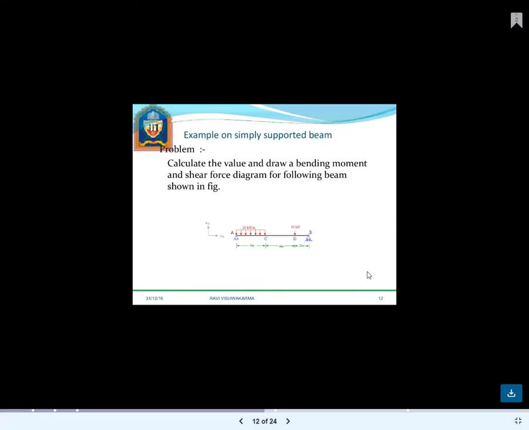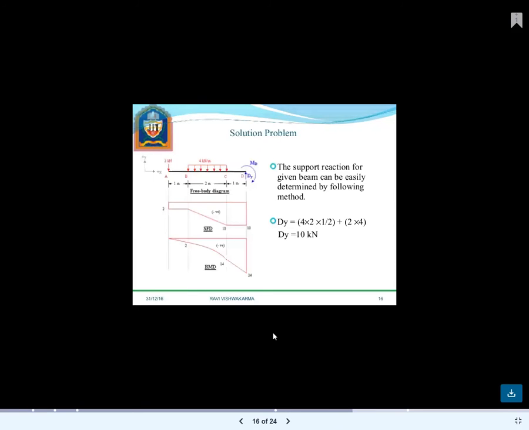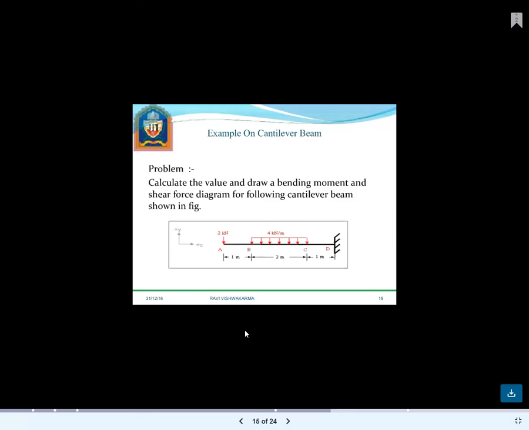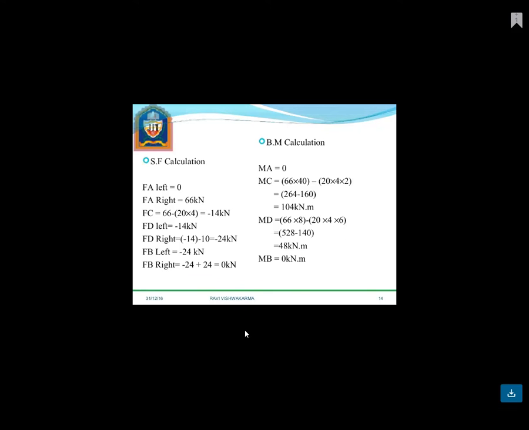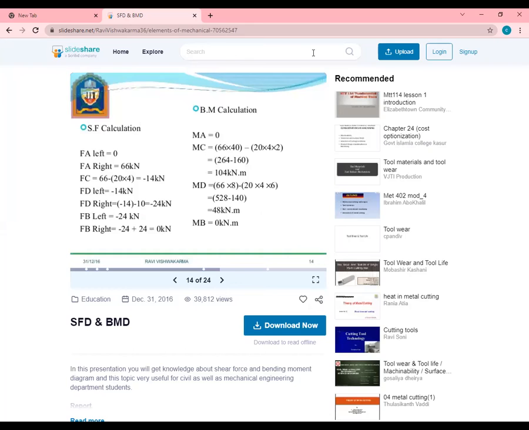Here is one example I have to show you. Here you can see in a diagram, this is positive and in the previous part it is negative. So that point is called the point of contraflexure.